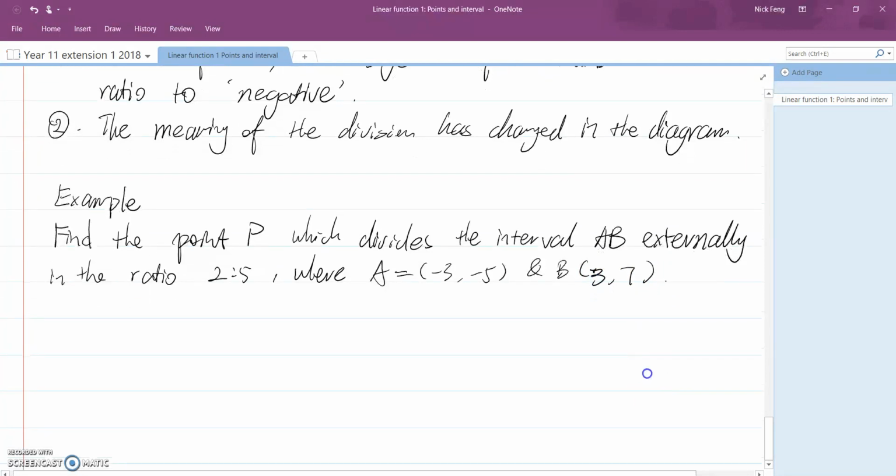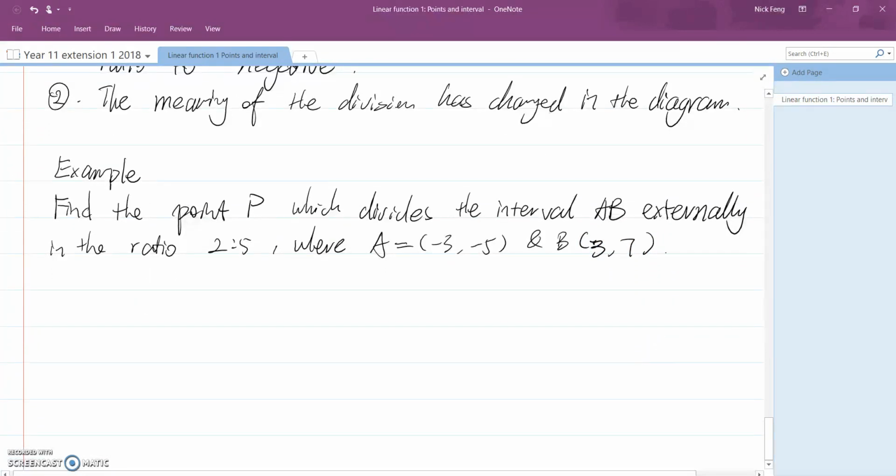Now the most important thing is to understand what's happening, not just chucking in the formula. Chucking in the formula is always easy, but sometimes you'll be asked to analyze the situation as well. That is a major part of your understanding. So here is our point A and point B. Obviously, externally means P is outside of this interval.